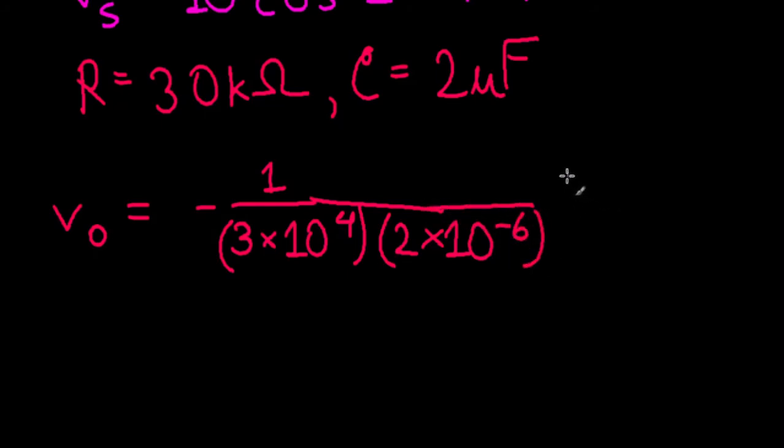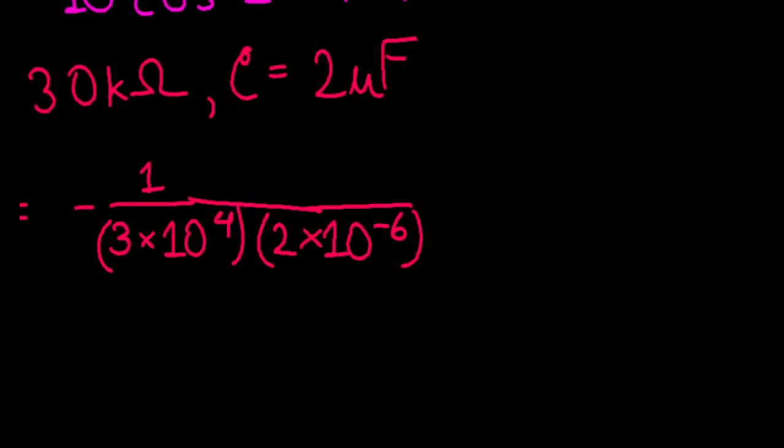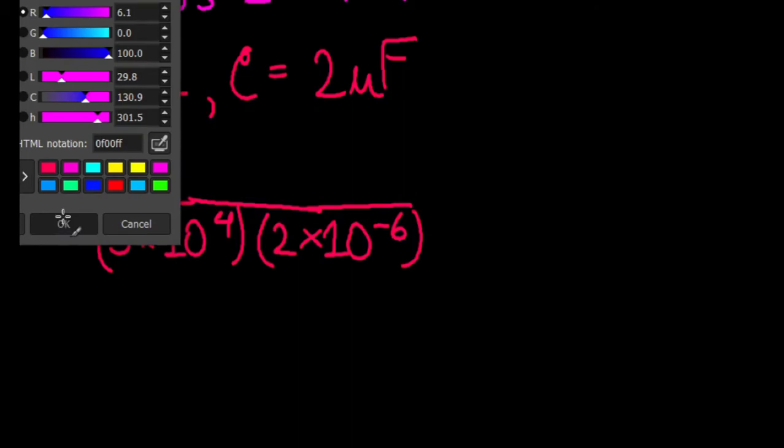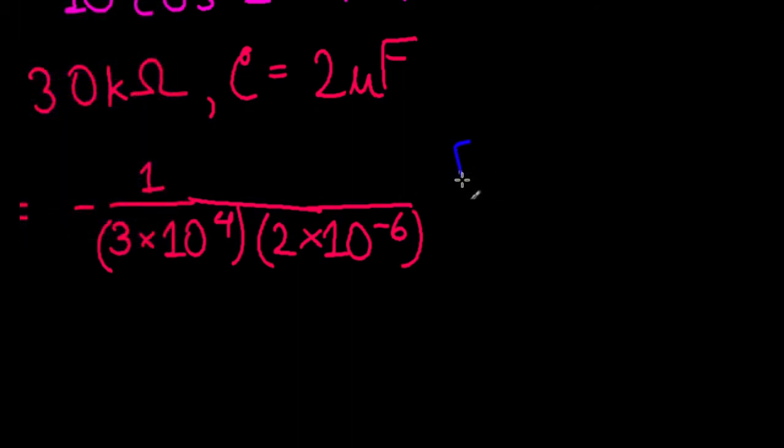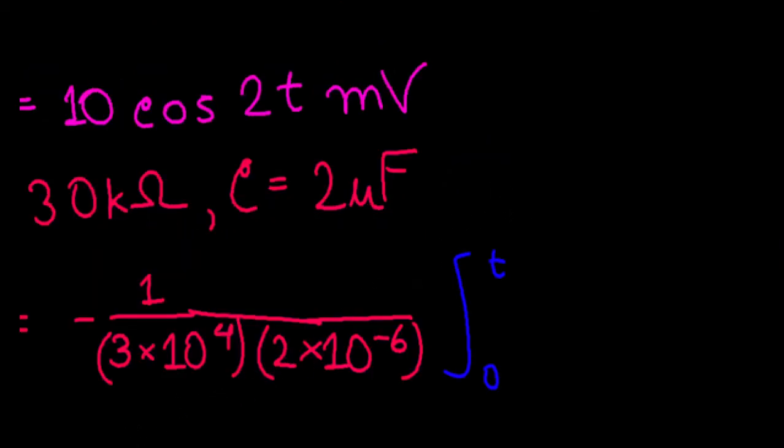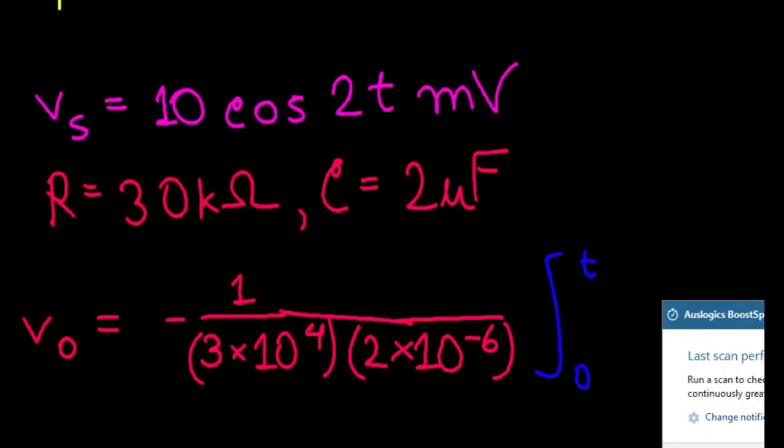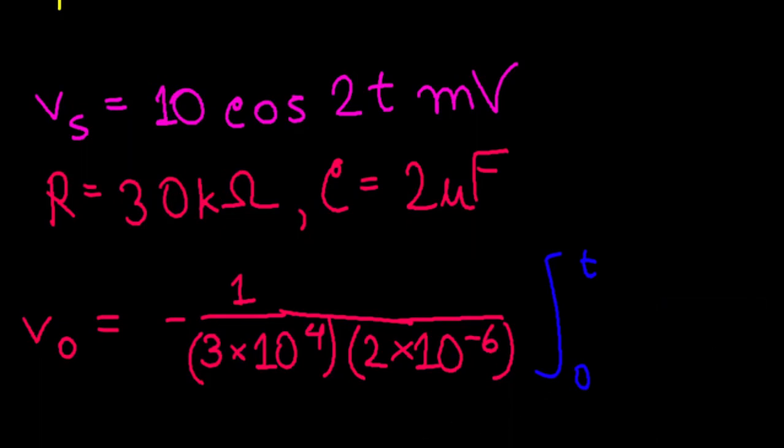Then we have the integral from 0 to t of the supply, which is 10 cosine of 2t millivolts.